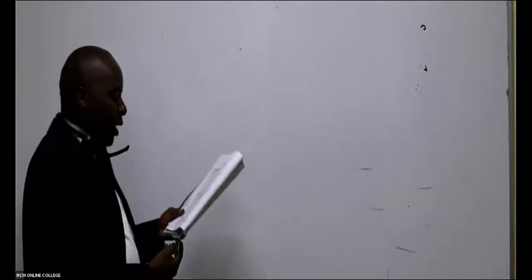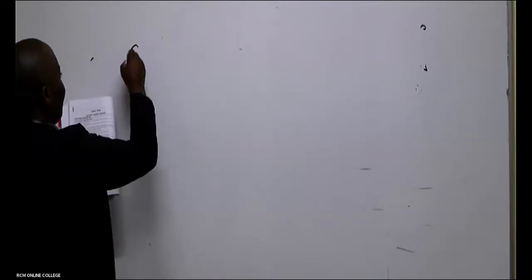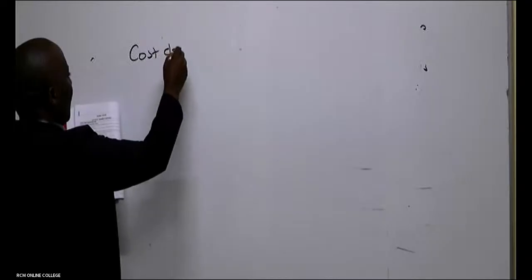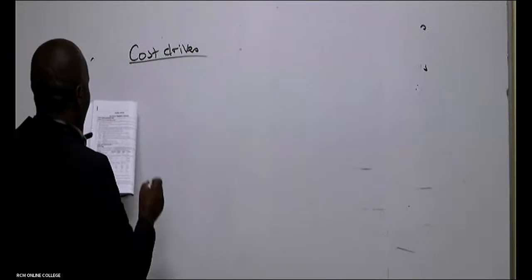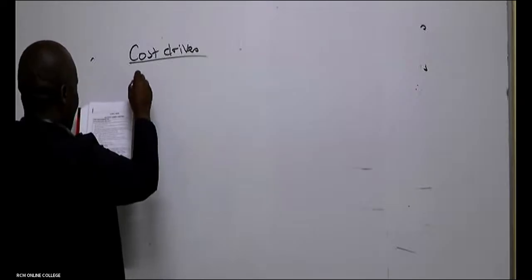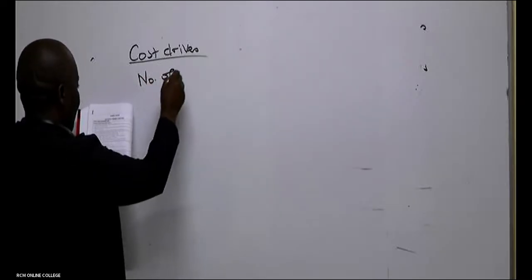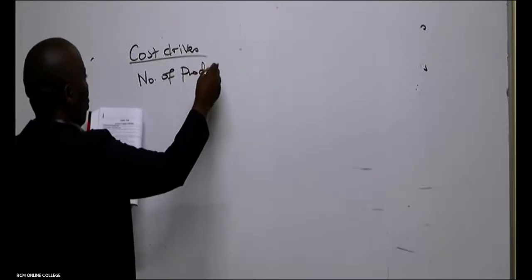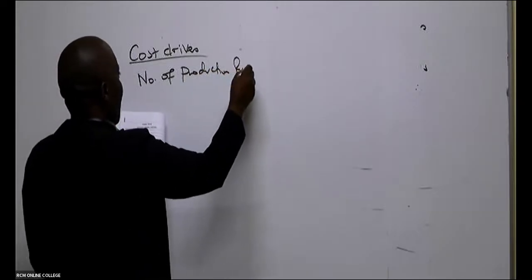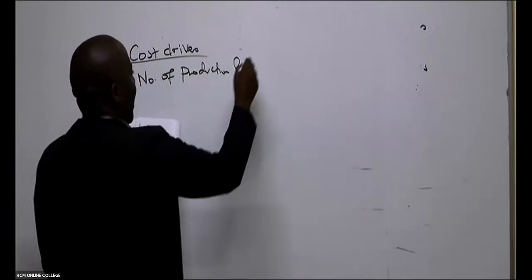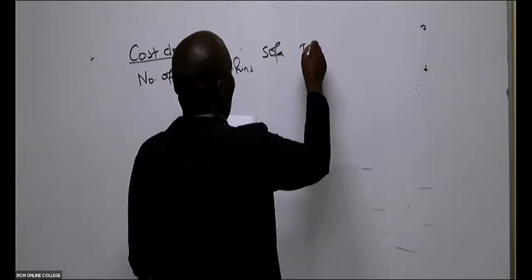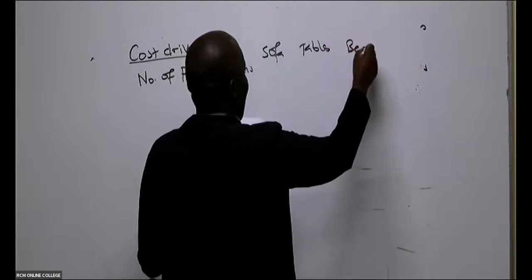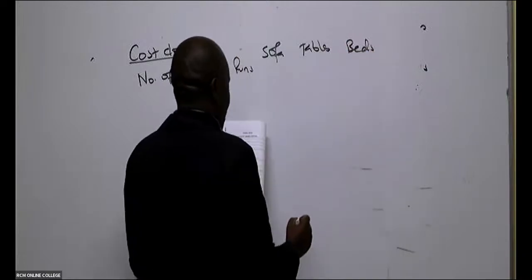So we have here cost drivers. I have number 1, number of production runs, where I can see we have the sofa, we have tables, we have beds, we have total.